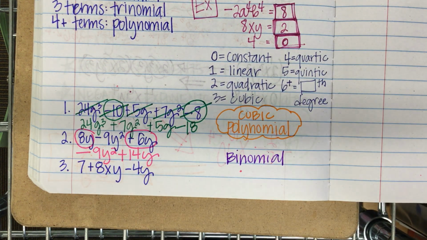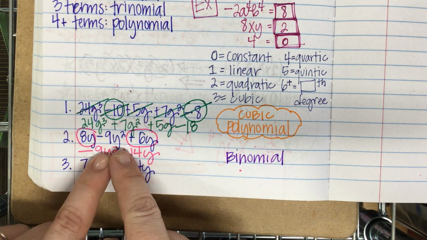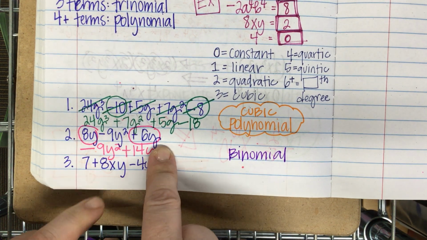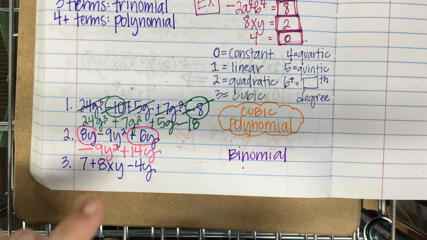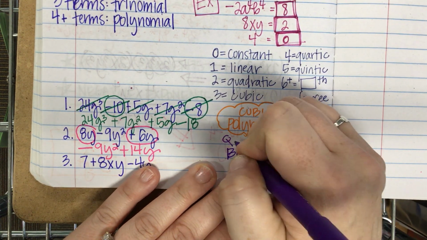It's a cubic polynomial. When we did this second one, we combined like terms. We wrote it in standard form. We said it was a binomial because there were two terms. What degree? Quadratic. 2, which is quadratic.